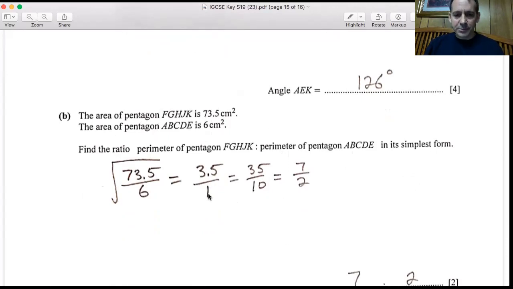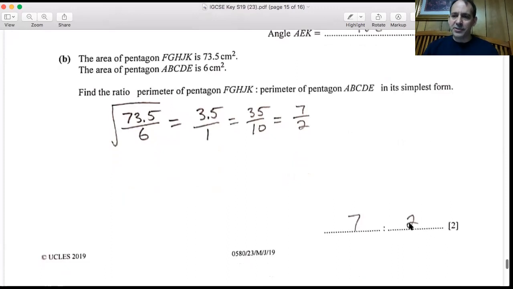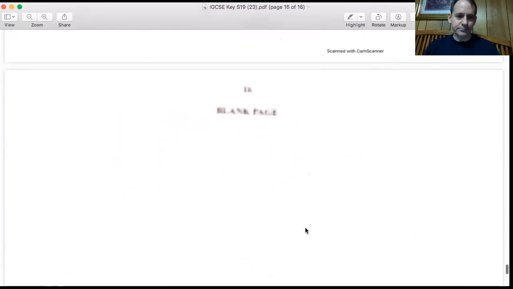We can't have a decimal in there, so we need to move the decimal in the numerator and denominator over 1. That gives us 35 tenths, which reduces to 7 halves. So this is the linear ratio. So that means our perimeter, which is a linear value, will be at some ratio of 7 to 2.